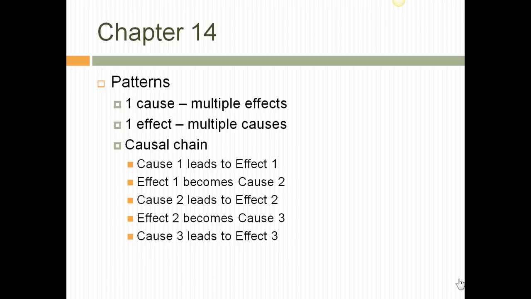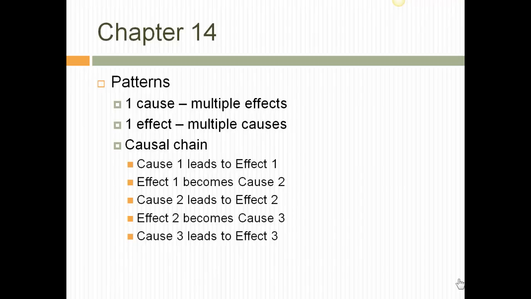That effect in turn becomes its own cause for the next effect. And effect number 2 then becomes the cause for a third effect, and things continue to sort of spiral from there. If you find that that is the situation you're in, given your topic and what you're exploring, that is also a perfectly acceptable way to build your cause and effect essay.